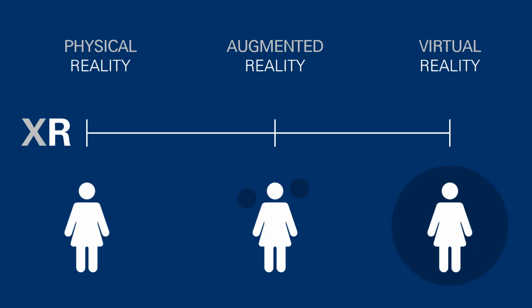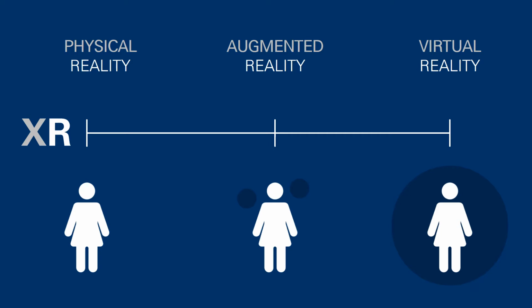So this XR spectrum begins on one side with the completely real physical environments that we as humans move through and interact with every day. So this physical reality are the things that you can see, touch, hear, smell, taste without any input from a computer.